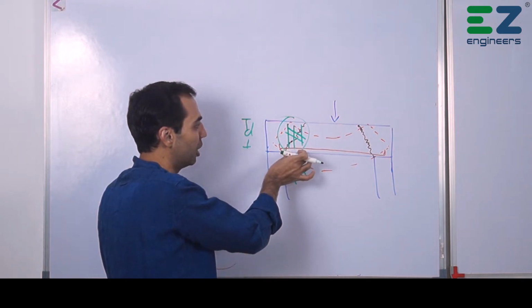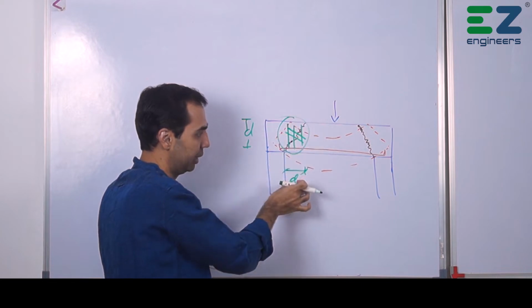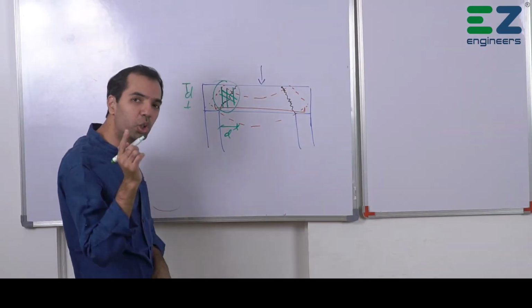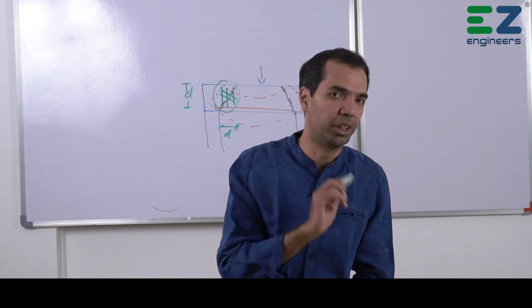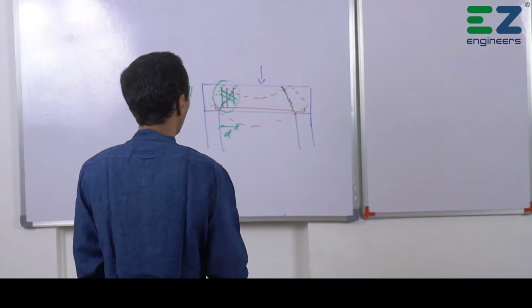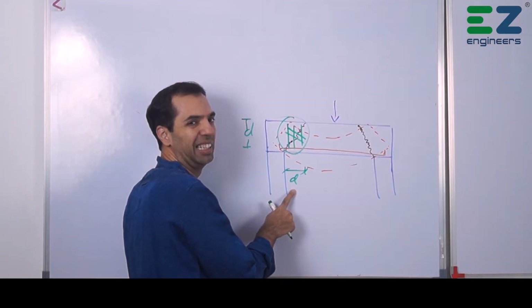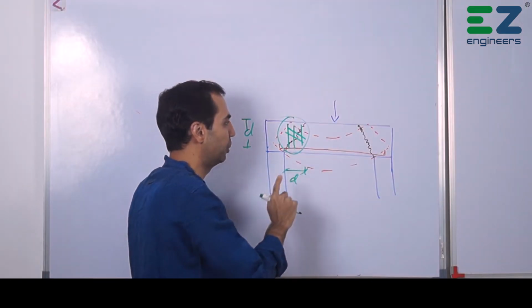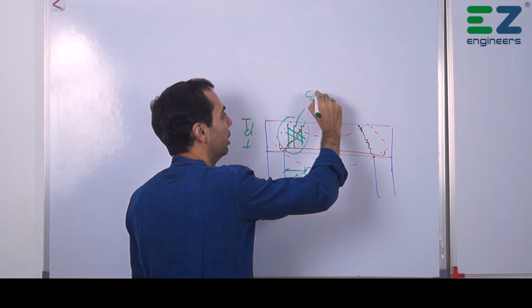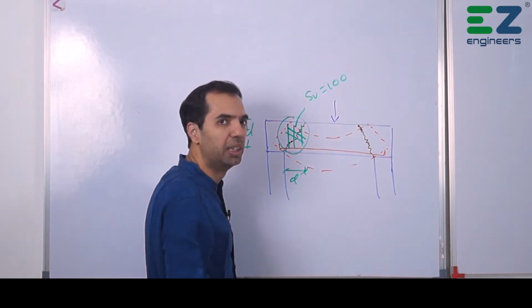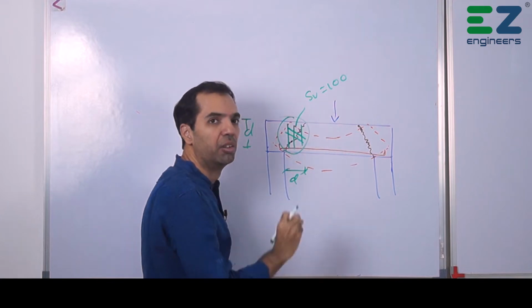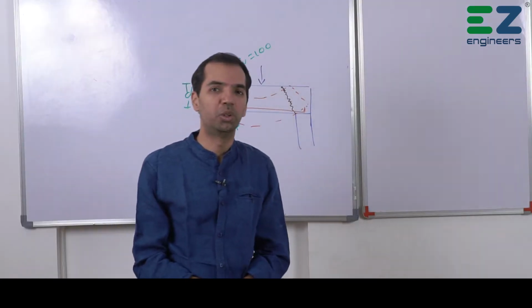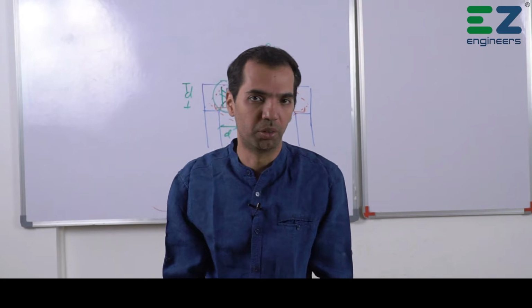Whatever are the number of stirrups in this crack, in this d distance, those stirrups will be effective in shear design. That means if d is 500 mm and stirrup spacing is say 100 mm, Sv is 100 mm, then d divided by Sv, 5 stirrups will be useful in carrying the shear force.